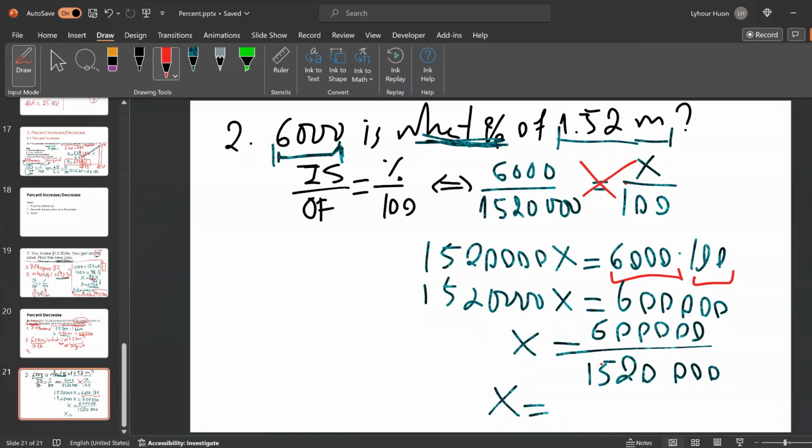It should be like 0 point something, because the numerator is smaller than the denominator, right? So it should be 0 point something.